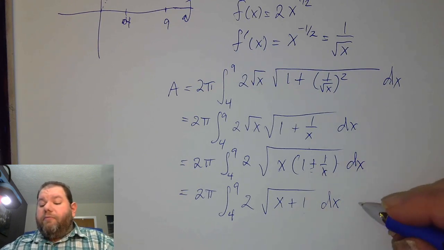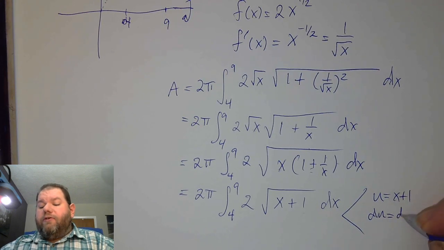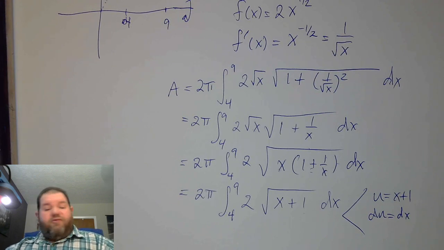So we know we can do a u equals x plus 1 substitution. Du then is just 1 times dx. So pretty straightforward substitution there.